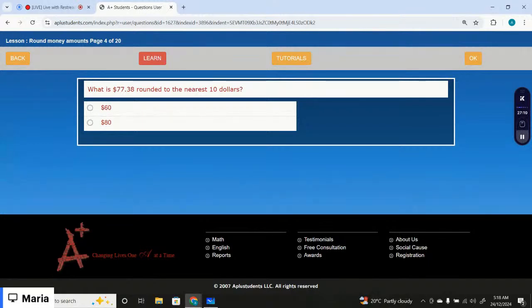What is 77.38 rounded to the nearest $10? So, which is the correct option? That is $80. The correct option is $80.